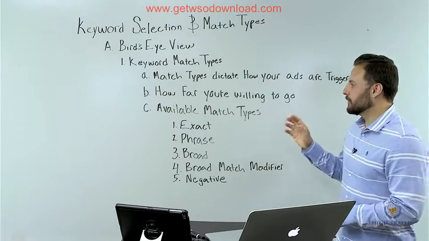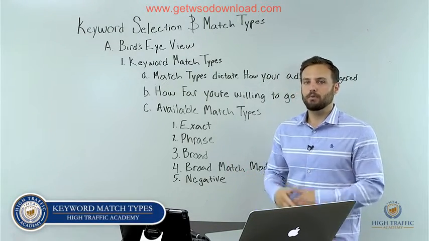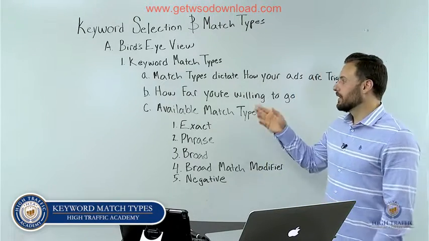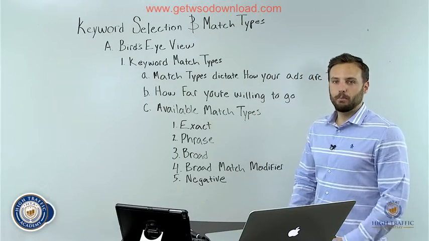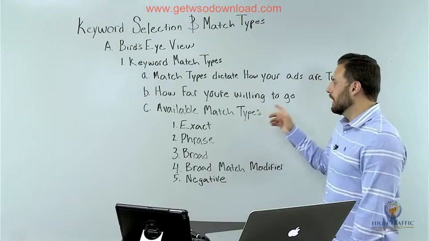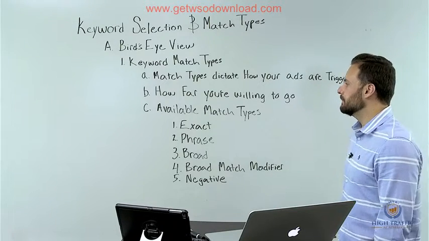So if your keyword is men's boots, for instance, and you had it set up as a broad match keyword, that ad would also trigger for buy guys work boots or something like that. So, how far you're willing to go away from your original keyword.